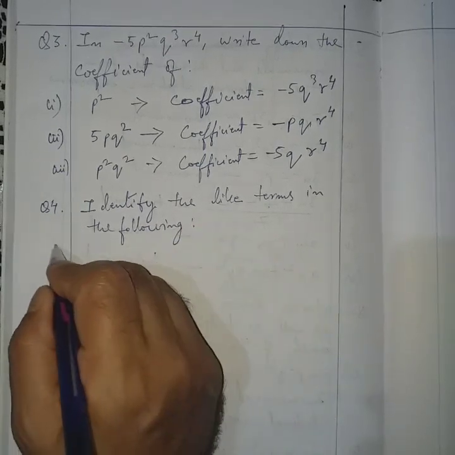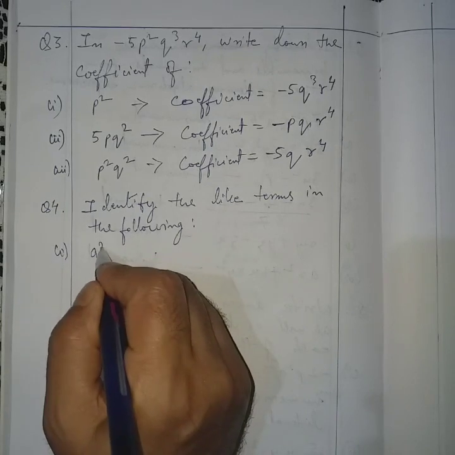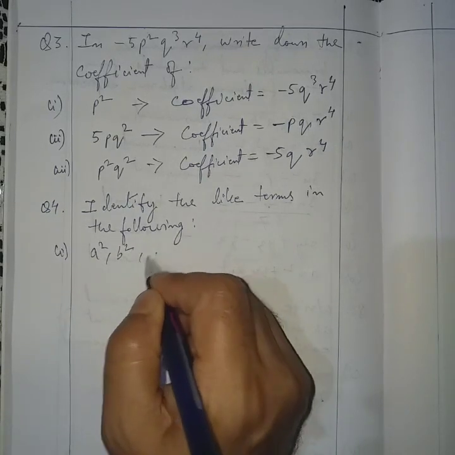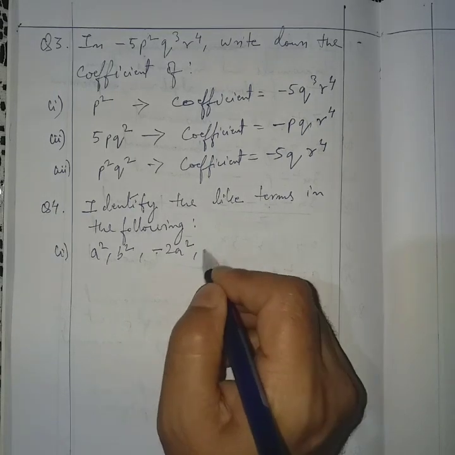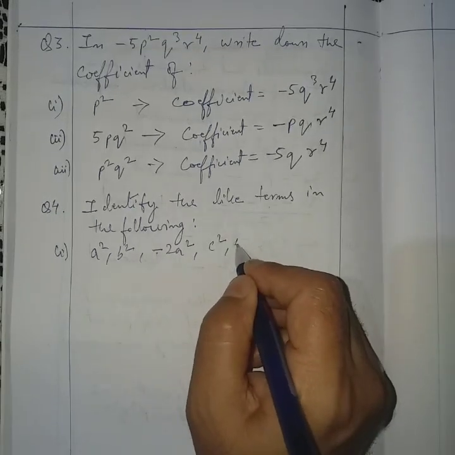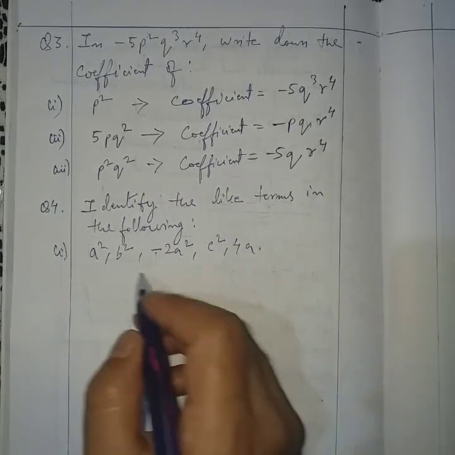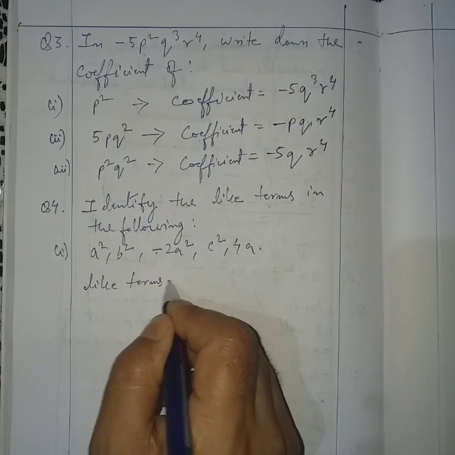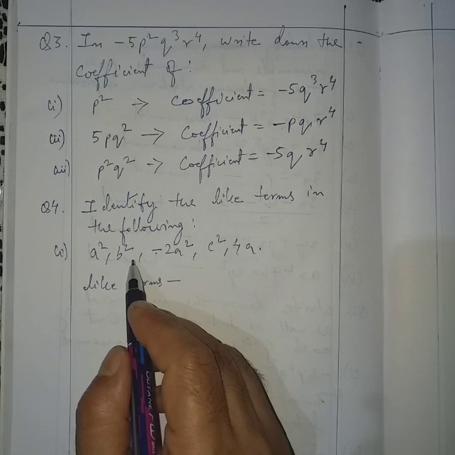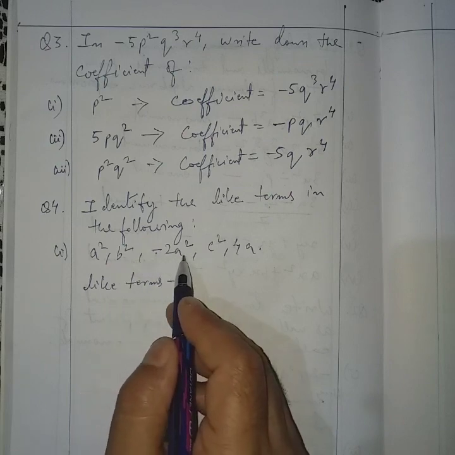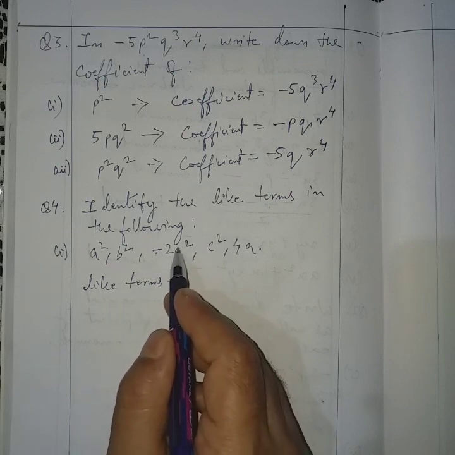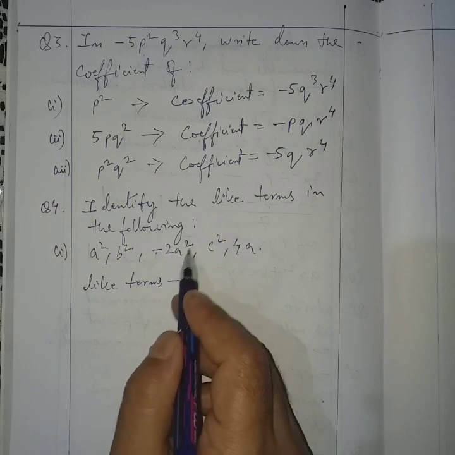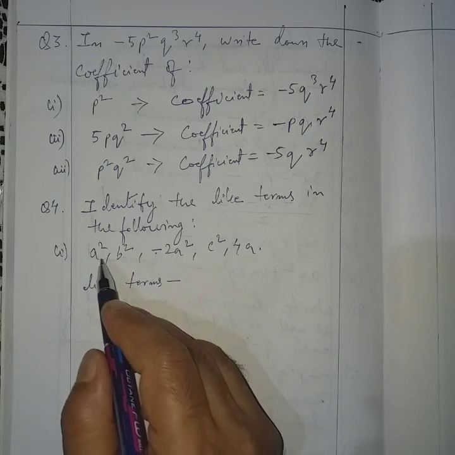So here, number 1 is a square, comma, b square, minus 2a square, comma, c square, comma, 4a. So here the like terms are a square and minus 2a square, because we are looking for the variable to be the same.